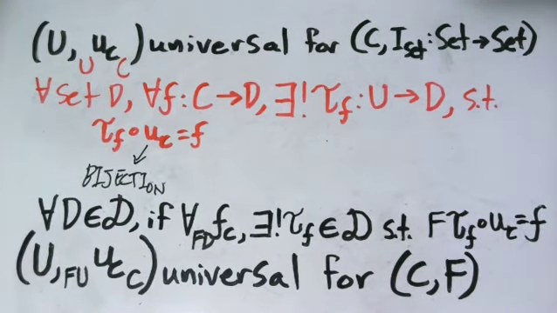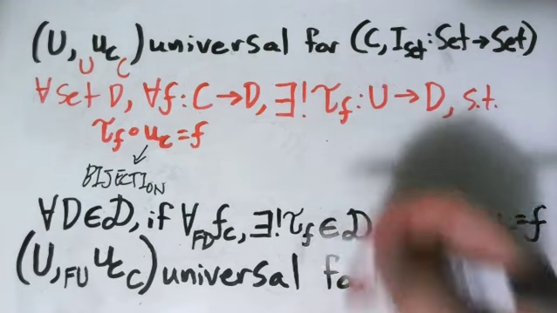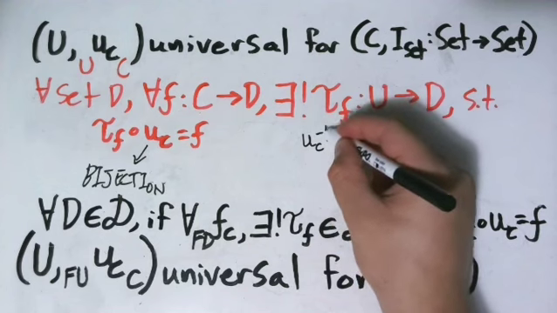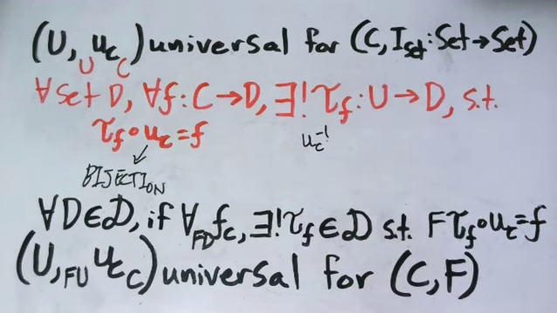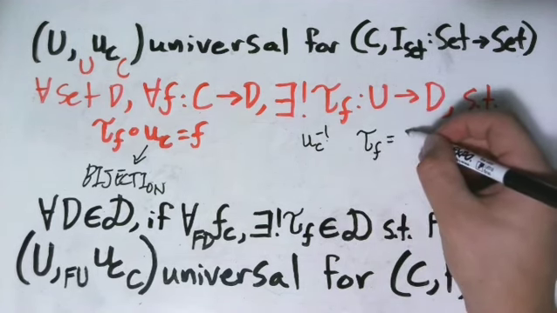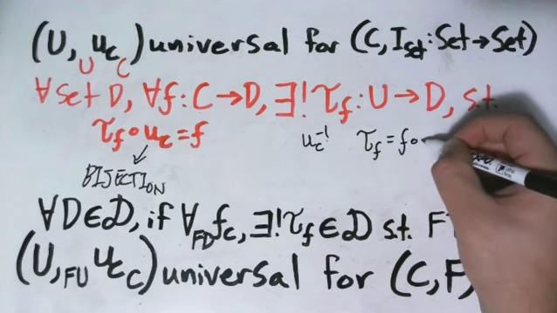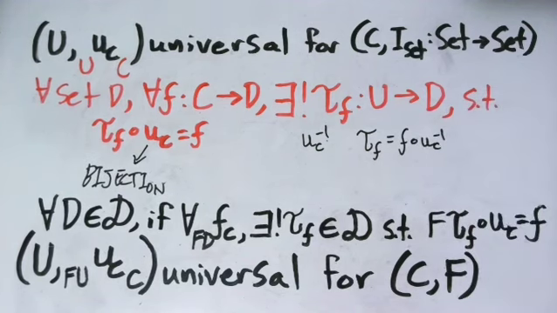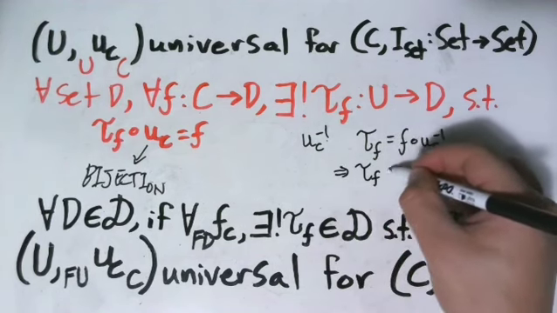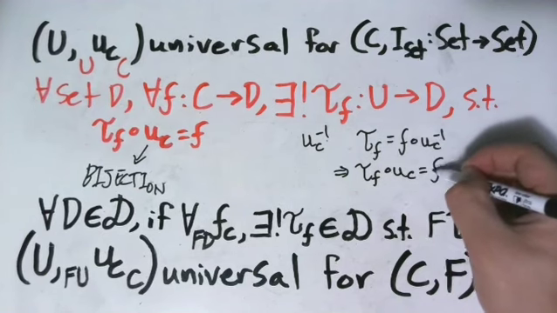But conversely then, take U_C to be any arbitrary bijection, then it's an isomorphism in the category of sets, which means there is some U_C inverse. And then if f is any arbitrary function going from C to D, then we can just set tau of f to be equal to f after U_C inverse, which will of course give us tau of f after U_C is equal to f.